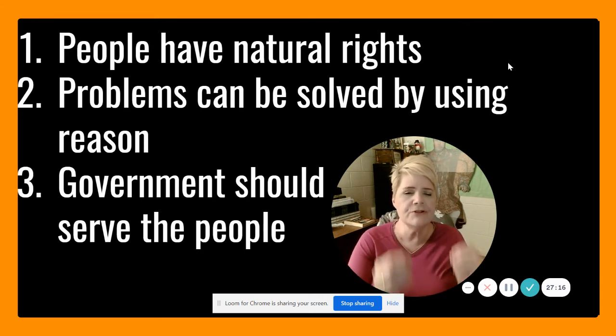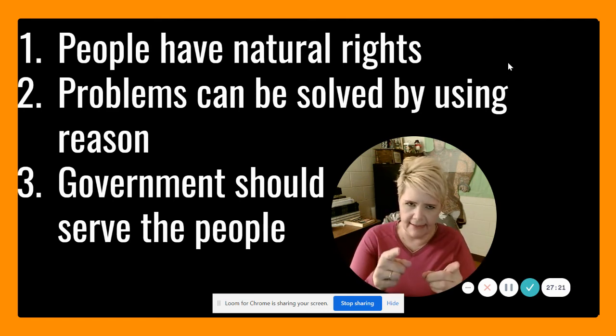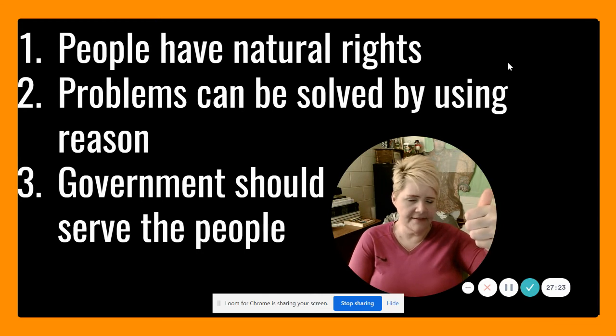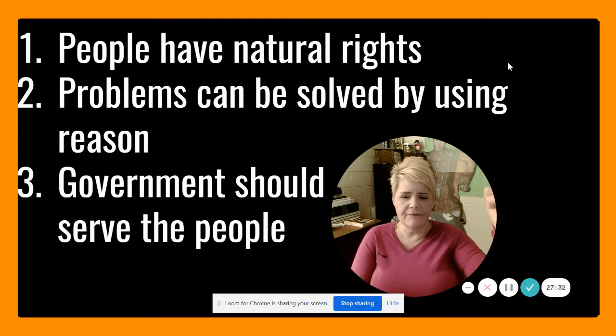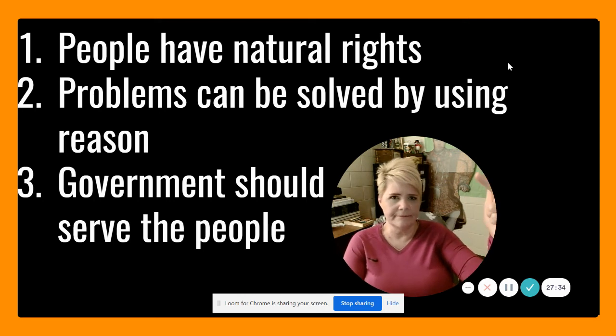Governments should serve all of the people. Got it? Natural rights, solve problems through reasoning, and the government should represent and serve all of the people.